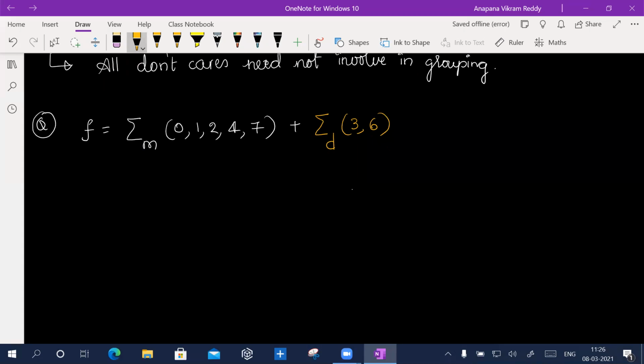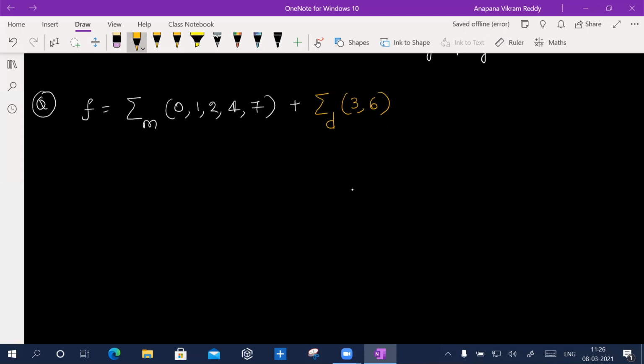So how do I do this? First of all, let me see how many variables I have. The maximum digit here is 7, which indicates I have 3 variables.